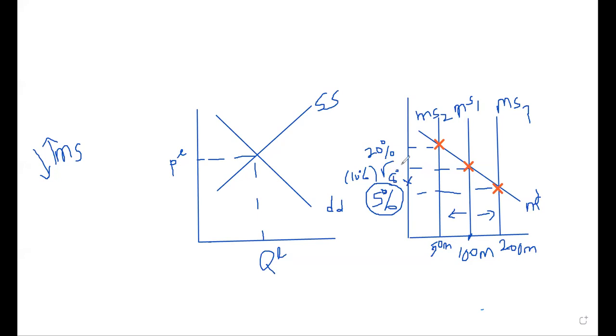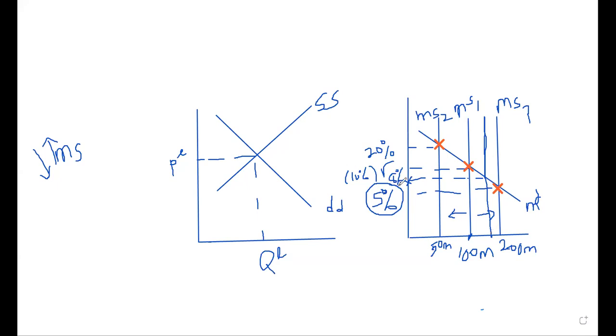Then the question is, how should money supply change to meet this 8%? I'll map this 8% back to the money demand curve, and then you see that the money supply should be maybe 150,000 to achieve an 8%.